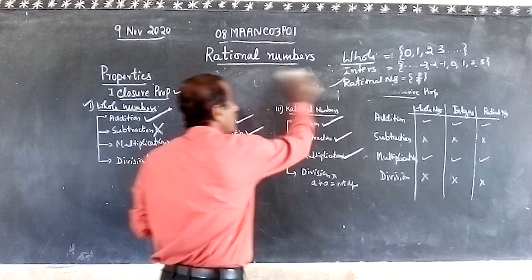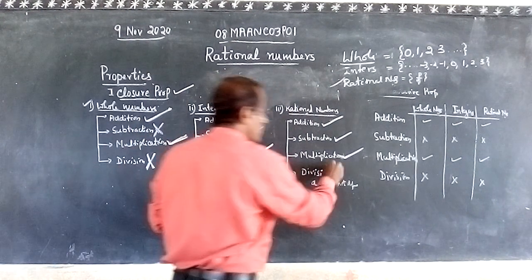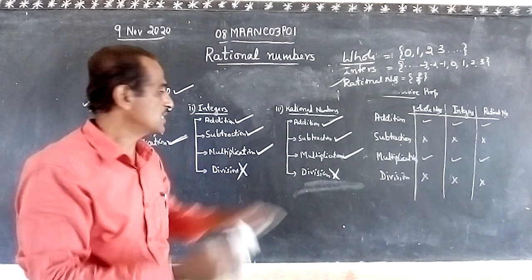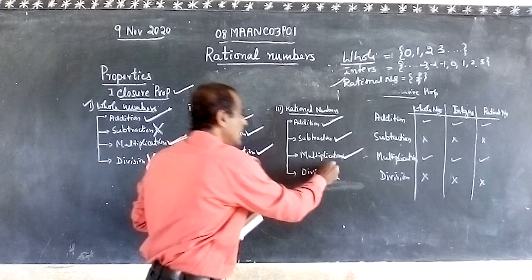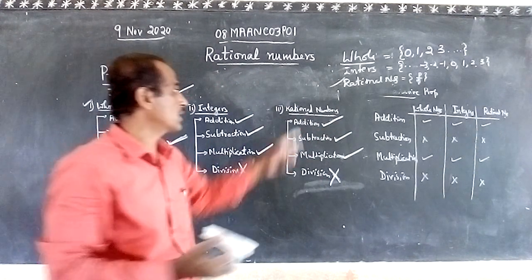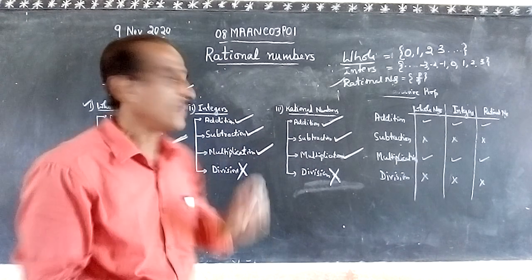Therefore, in all cases division is not possible, so division is not closed for rational numbers. Only addition, subtraction and multiplication are closed for rational numbers. Let us come back.